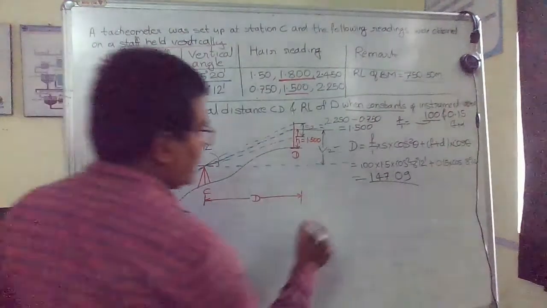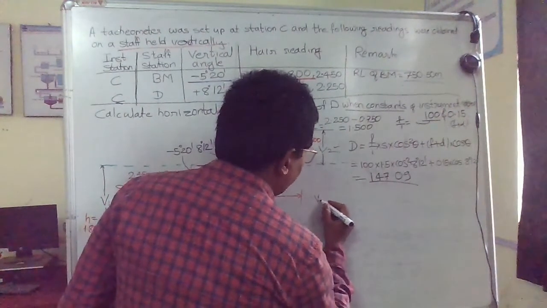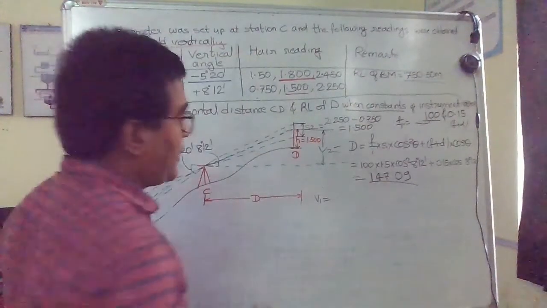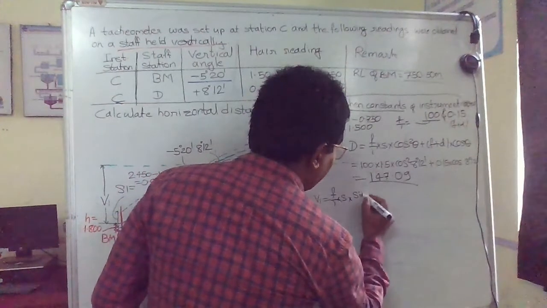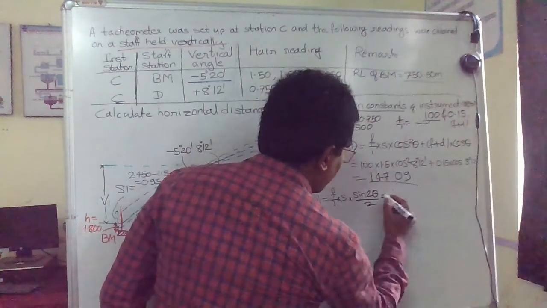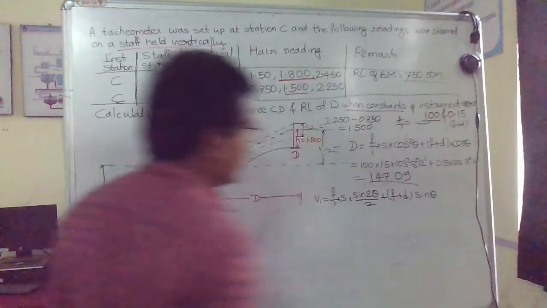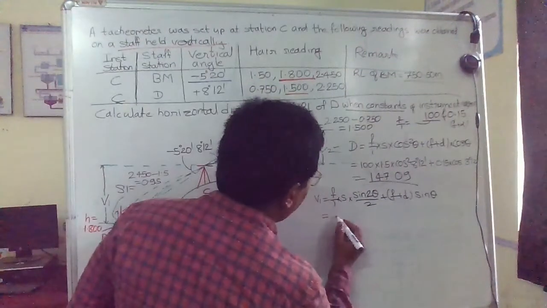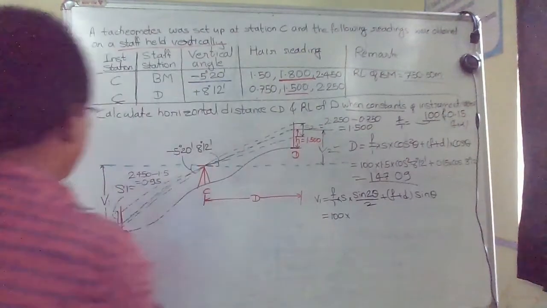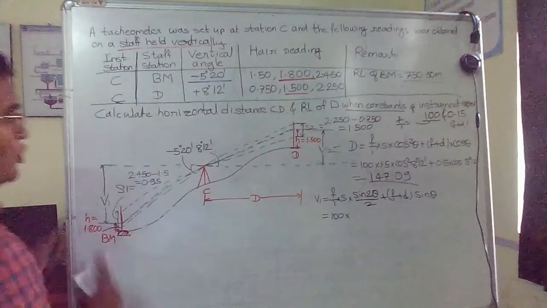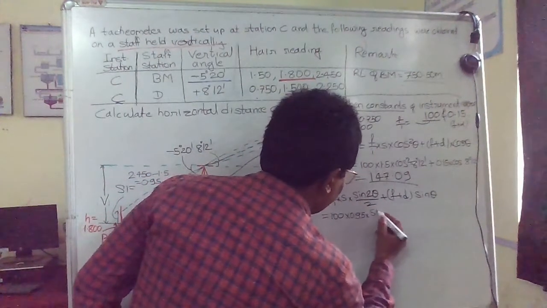Here we first determine distance v1. What is the formula for vertical distance v? That is f by i into s into sine 2 theta by 2 plus f plus d sine theta. What is the value of f by i? 100, into what is the value of s? For this case it is the staff intercept and it is 0.95, into sine 2 theta.